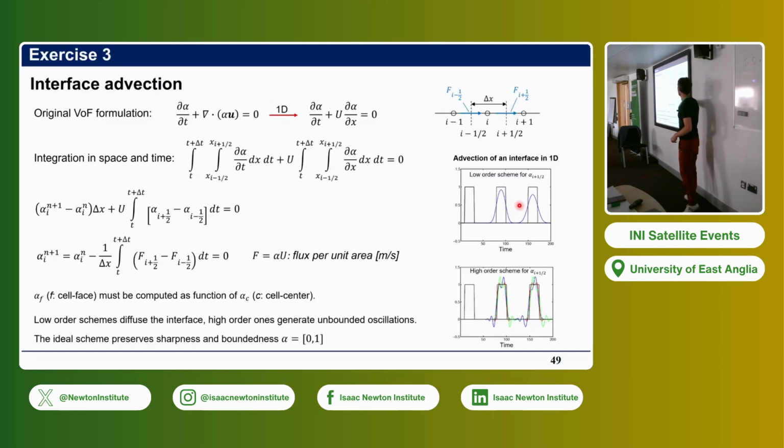And alpha does no longer go up to 1. Your interface would smear out over time.